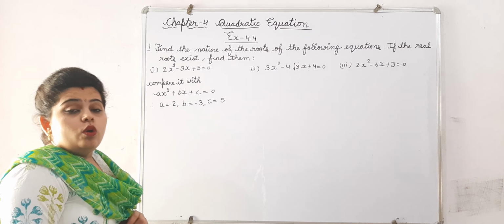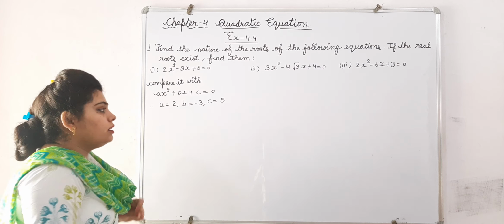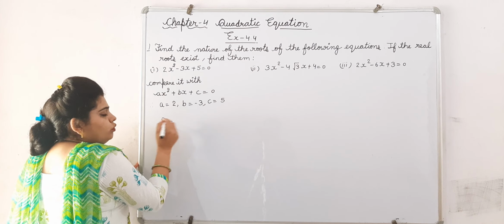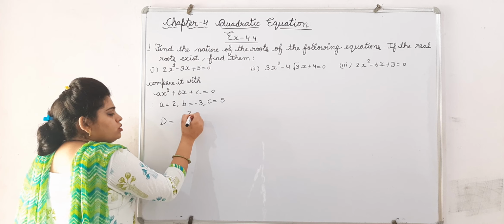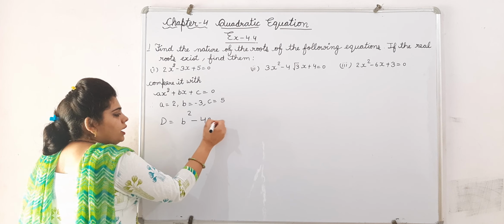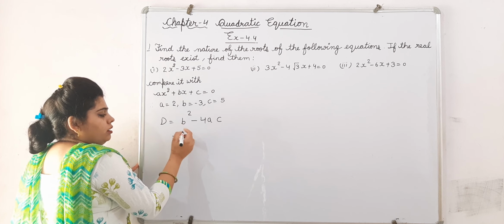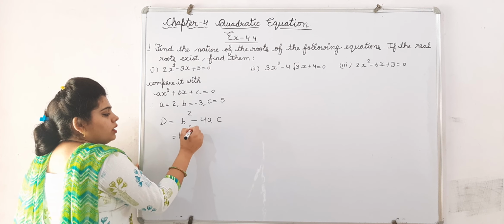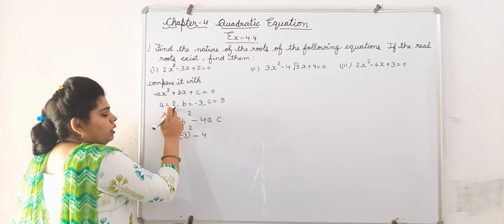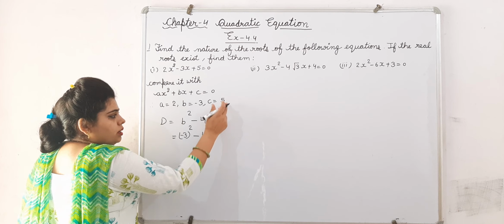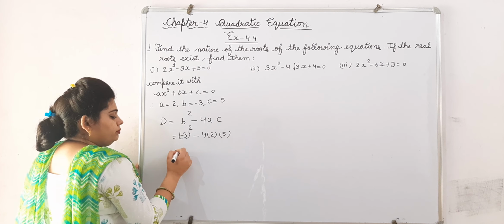Now we will find the discriminant D, and we know D is equal to b square minus 4ac. Putting these values, D is equal to minus 3 whole square minus 4 into 2 into 5.